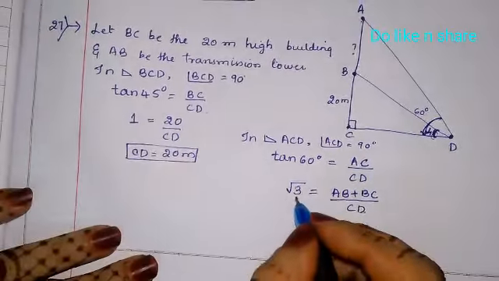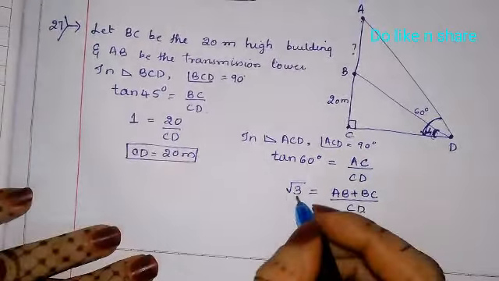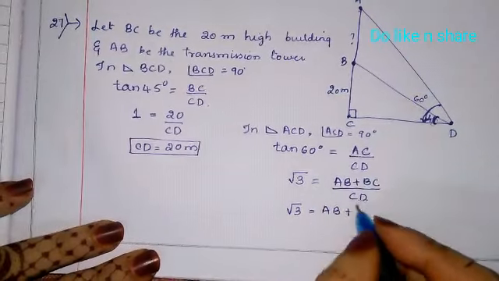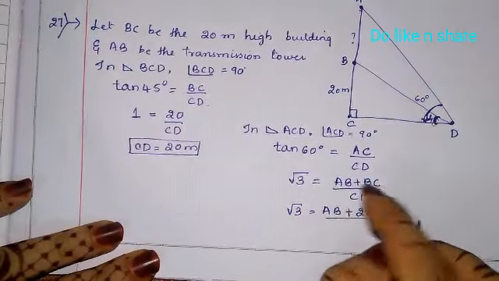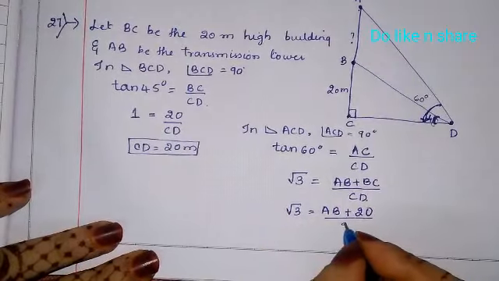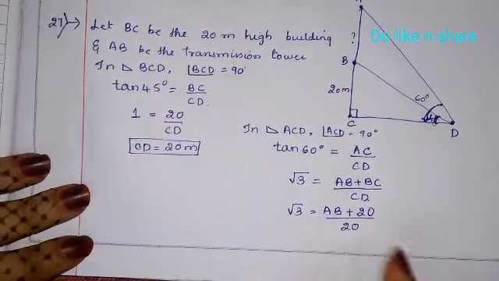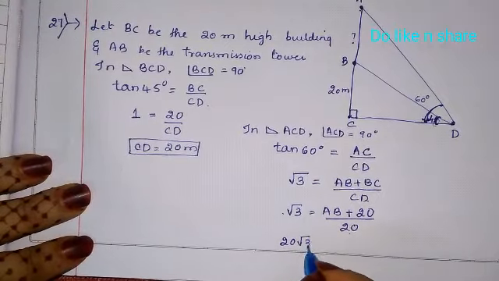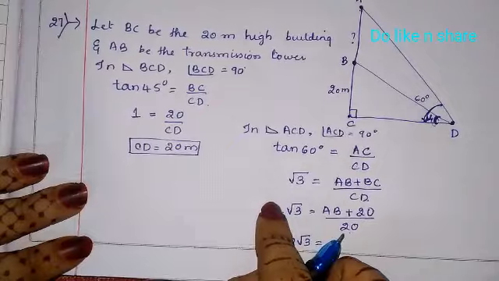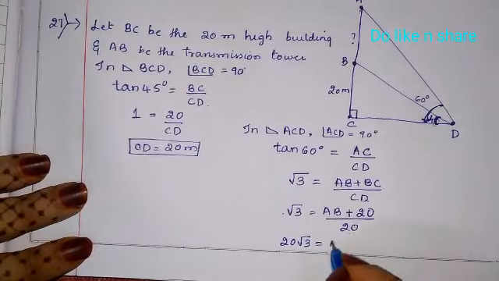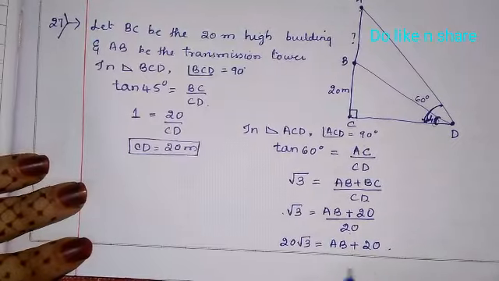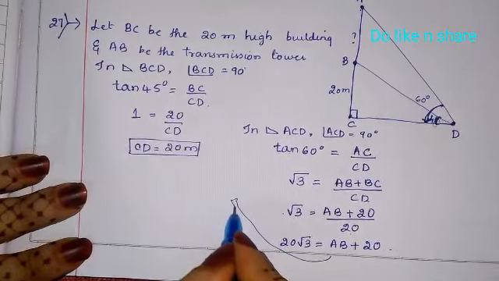Now let us substitute the value. √3 is equals to AB we don't know, plus BC value is 20, upon CD, which we also got now as 20. Now 20√3 is equals to 20. I'll bring it here and it will get multiplied: AB plus 20.